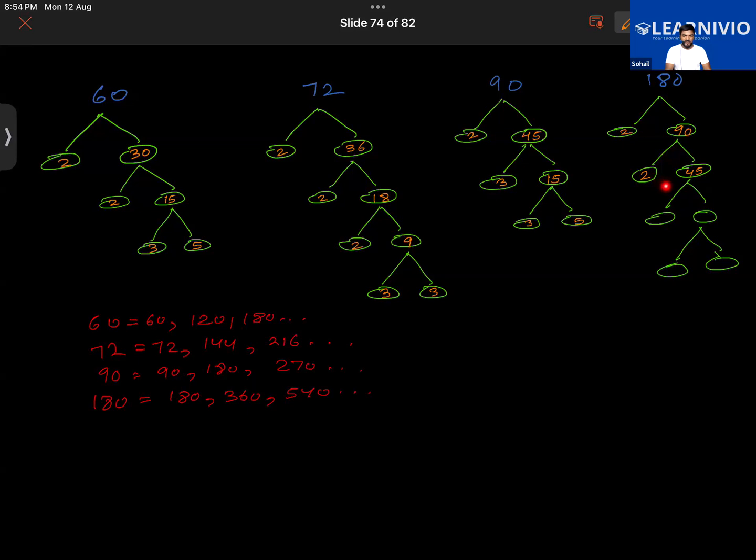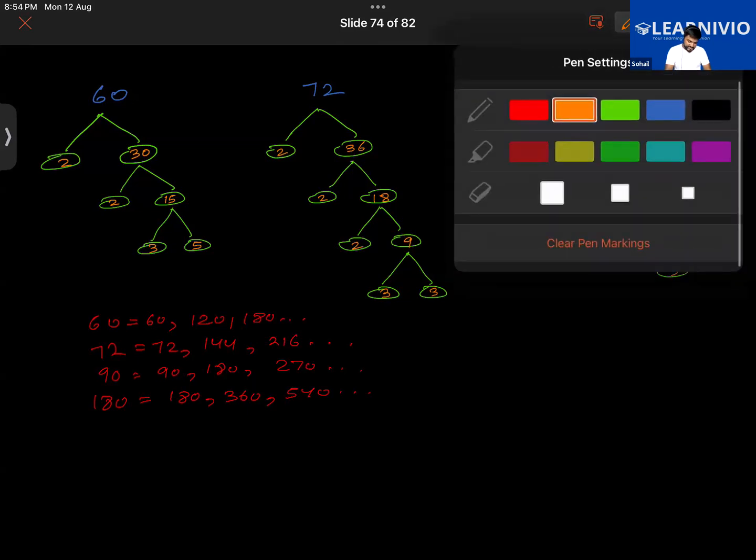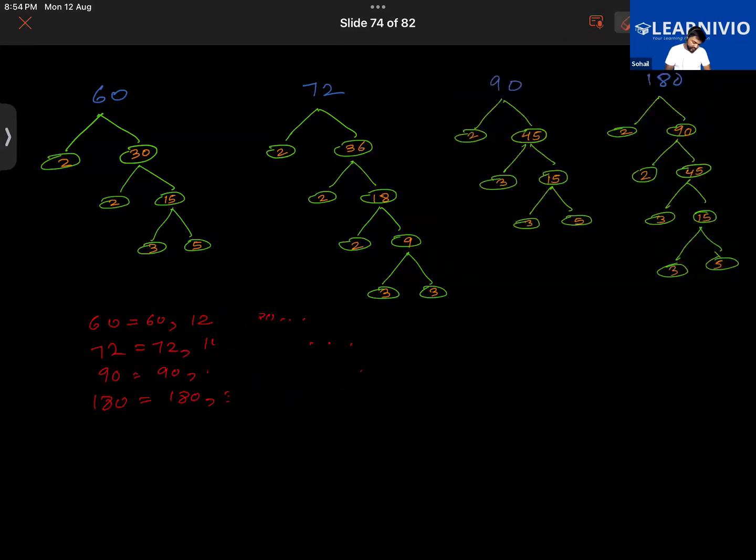The moment the number is not divisible by 2, I will stop and break it in terms of 3 and another number. 3 fifteens are 45, right? Next, 3 fives are 15. Now let us write all of them over here.